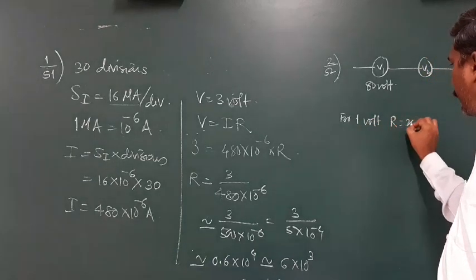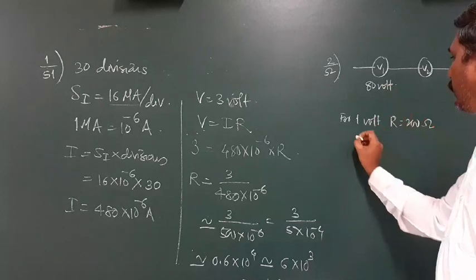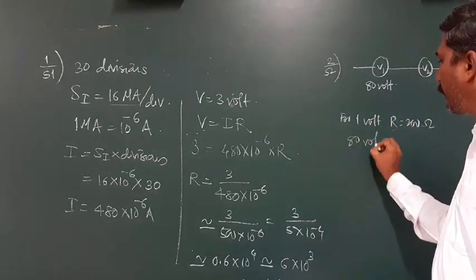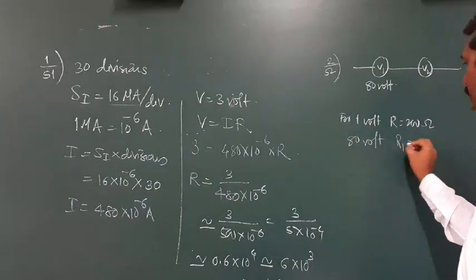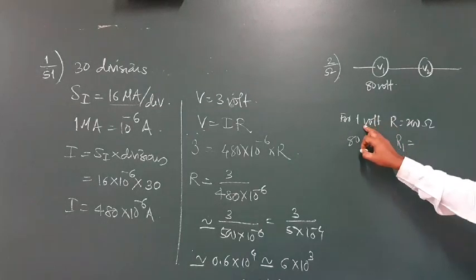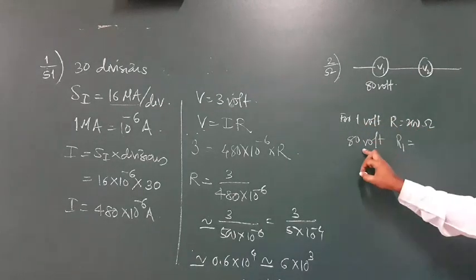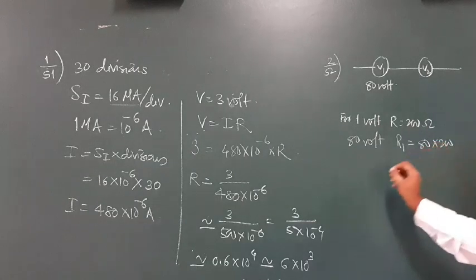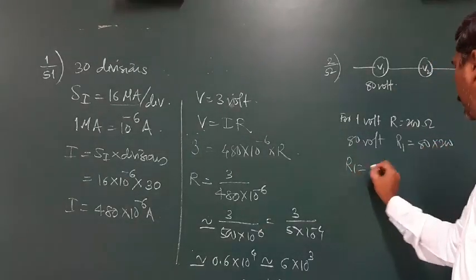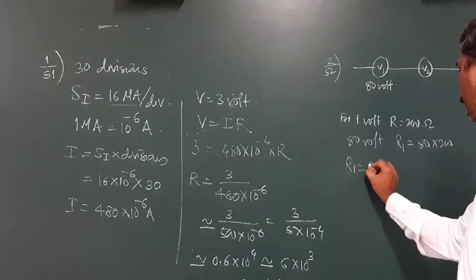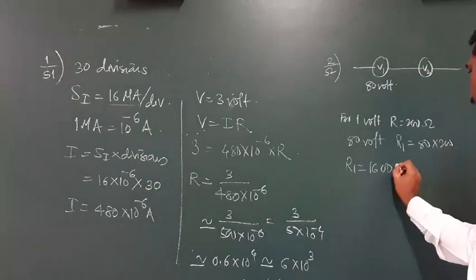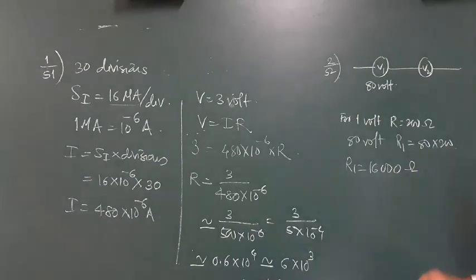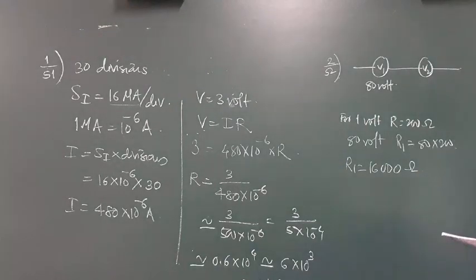For the first voltmeter, for 1 volt R is 200 ohm. Means for 80 volt, the first resistance R1 equals, if 1 volt is 200 ohm, then 80 volt is 80 into 200, that is 16,000 ohm. That is the value of resistance.